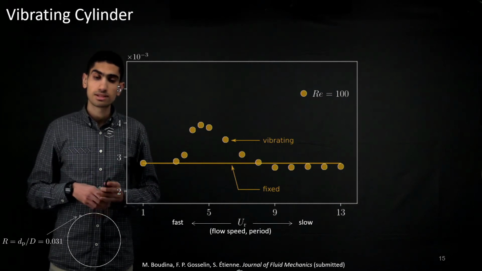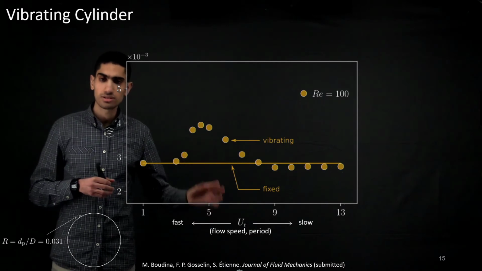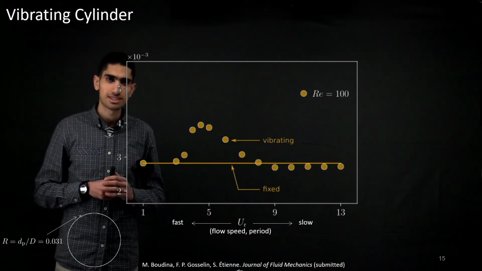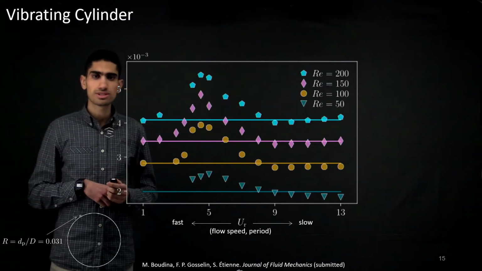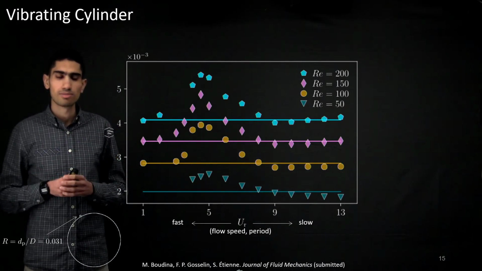This result is telling us that if you are in this optimal region near 5, the vibrating cylinder is doing a better job than the fixed cylinder in terms of capturing particles. We did that for other Reynolds numbers, and we got the same pattern. We always have this bell-shaped curve.